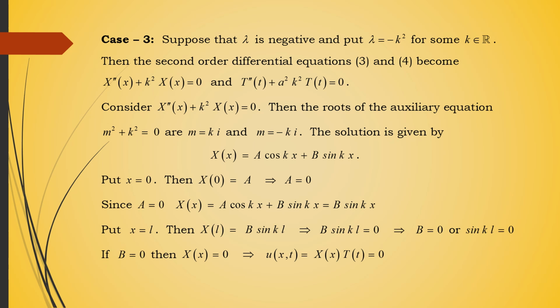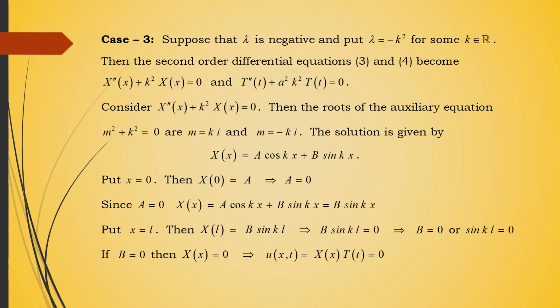So the first coefficient A = 0. If we substitute A = 0 into X(x) = A cos kx + B sin kx, it implies X(x) = B sin kx.